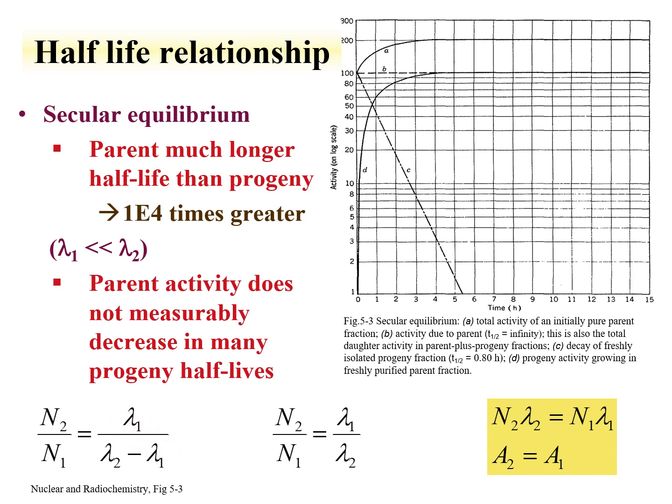So we get these relationships where n, the number of progeny atoms, divided by the number of parent atoms, is just equal to a ratio of the decay constants. And we actually see that what we get over time is that the activities of the two become constant.